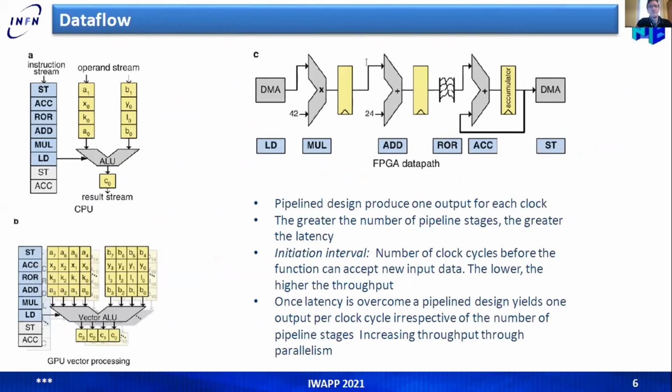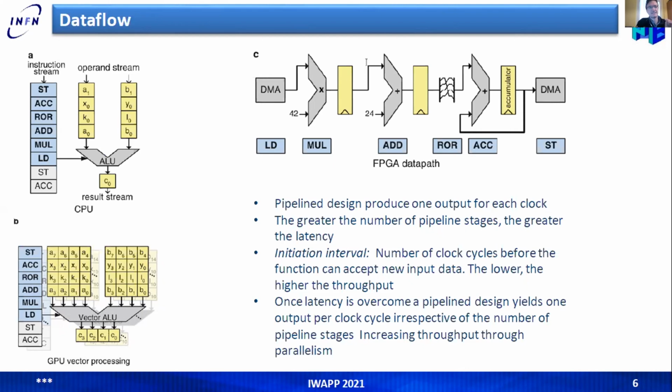The important difference in the FPGA is their data path, very different from CPUs or GPUs. The naturally pipelined design of an FPGA can produce one output for each clock.